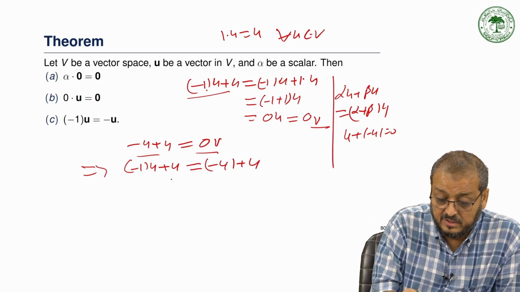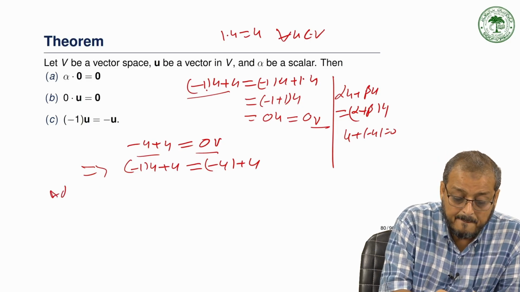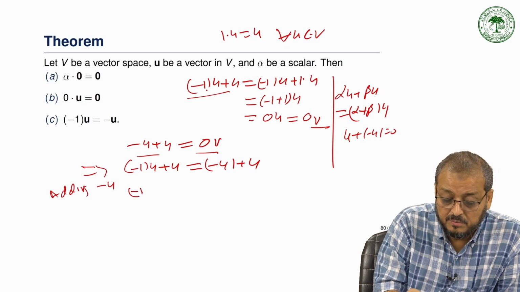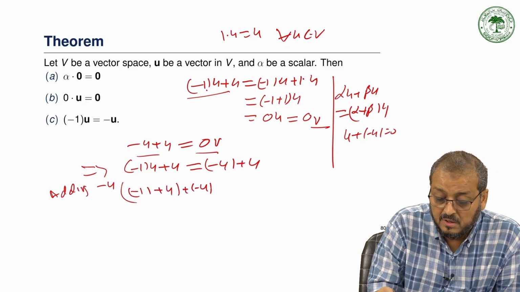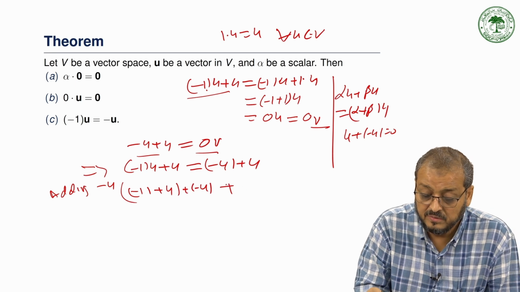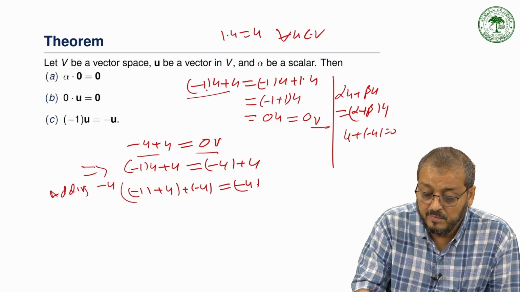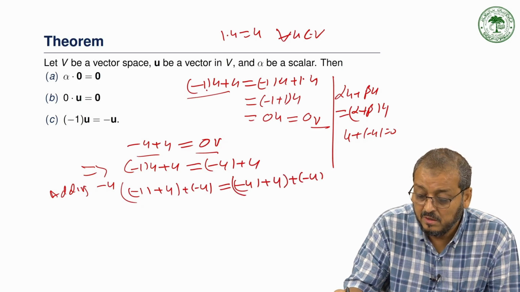So we add minus u to both sides: minus u plus minus 1 into u plus u is equal to minus u plus minus u.